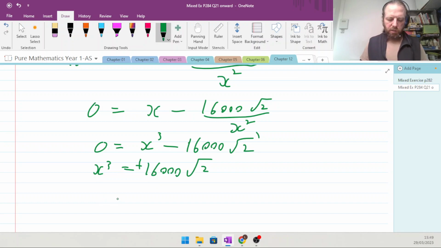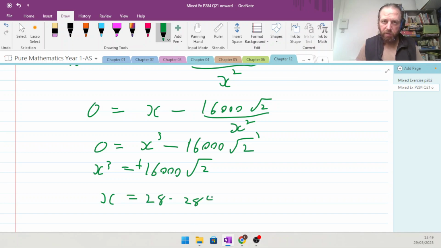So 16,000 times by root 2 there. Cubed root of that is x is equal to 28.284. Okay. Good.